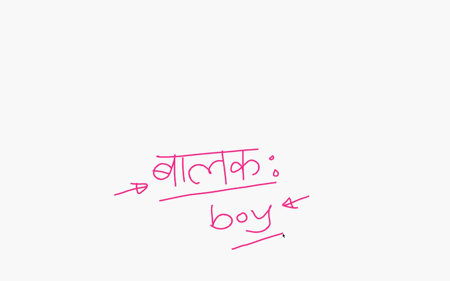Right. And similarly, balika. Balika means girl. The gender of the word balika itself is feminine, strilingam, and the actual object represented by that word is also physically of the feminine gender. So in animals, mostly that is the case.